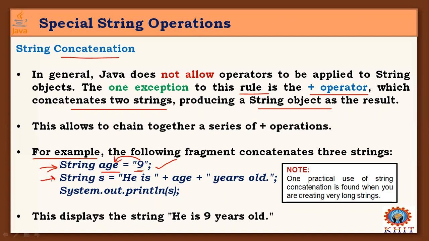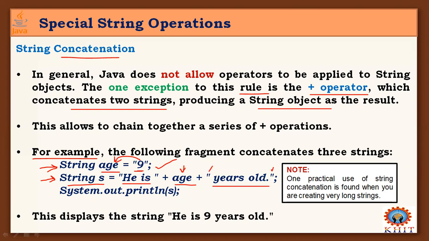And I have taken another string s, and for this string we are concatenating string literals plus string objects. So in quotations, this is one string, plus the age string object, and plus another string in quotations.